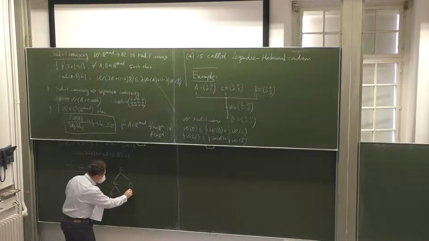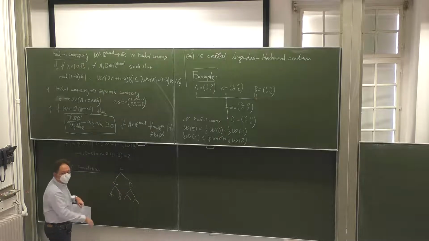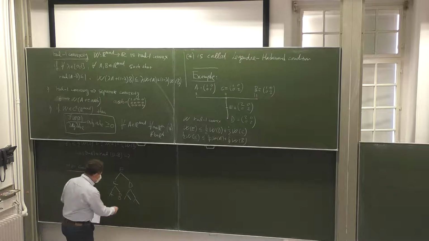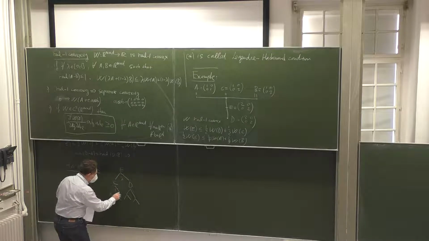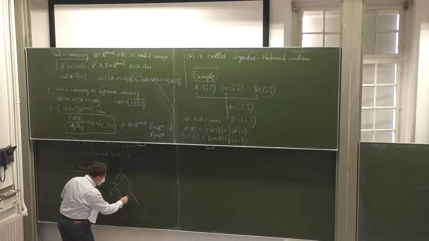And you can do this again and again, and you go to infinity. And then you always have a coefficient lambda here, maybe lambda 1 here, lambda 2 here, and so on.